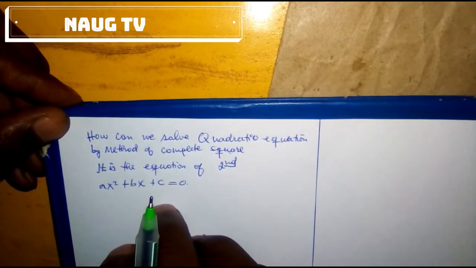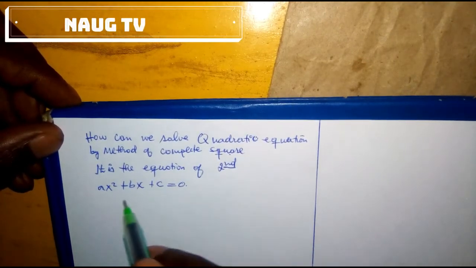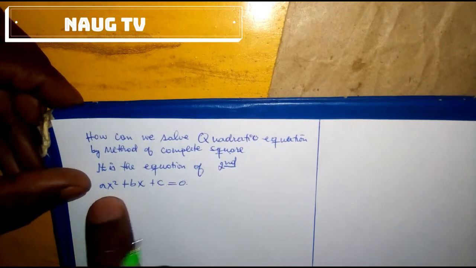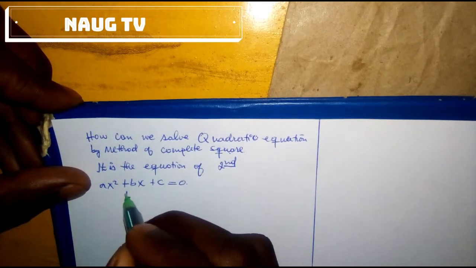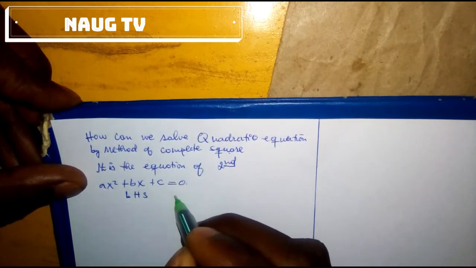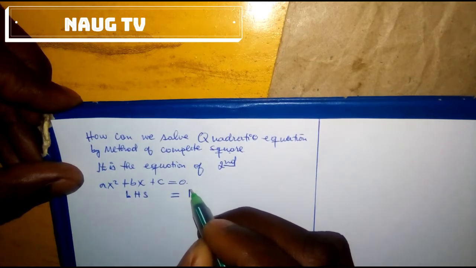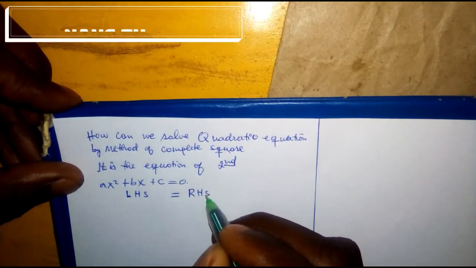because it is just an equation. When you say equation, we have left hand side, which must be equal to right hand side.